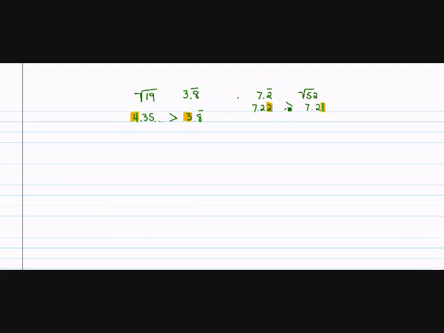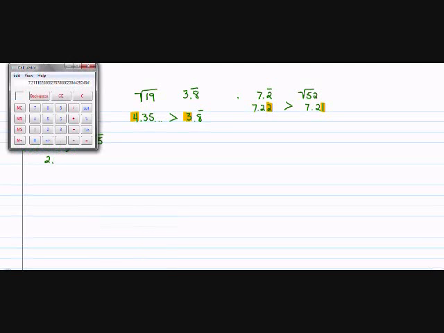Let's take a look at one with a fraction. 2 2/3 compared to radical 5. 2 2/3 on a calculator means 2 divided by 3, which is 0.666 repeating.